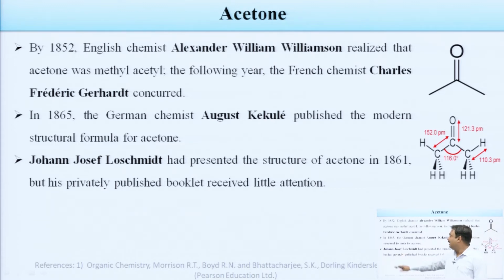Then Johann Josef Loschmidt had presented the structure of acetone in 1861, but his privately published booklet received little attention. He should have more credit to his name, but because his privately published book received little attention, Loschmidt lost some credit.